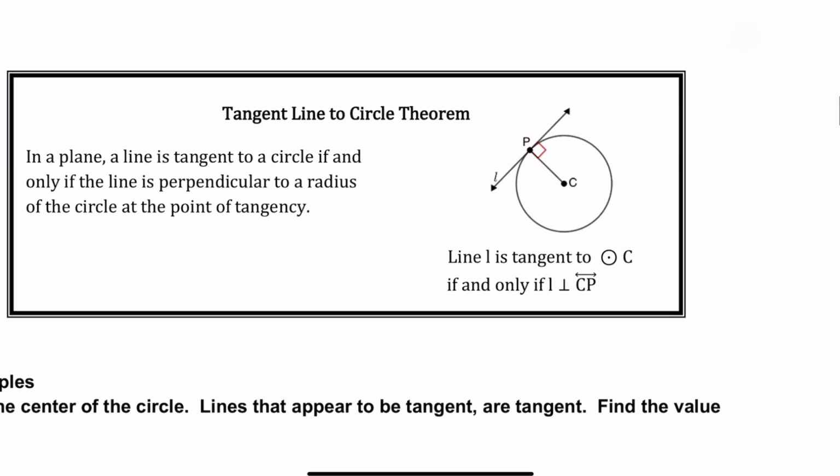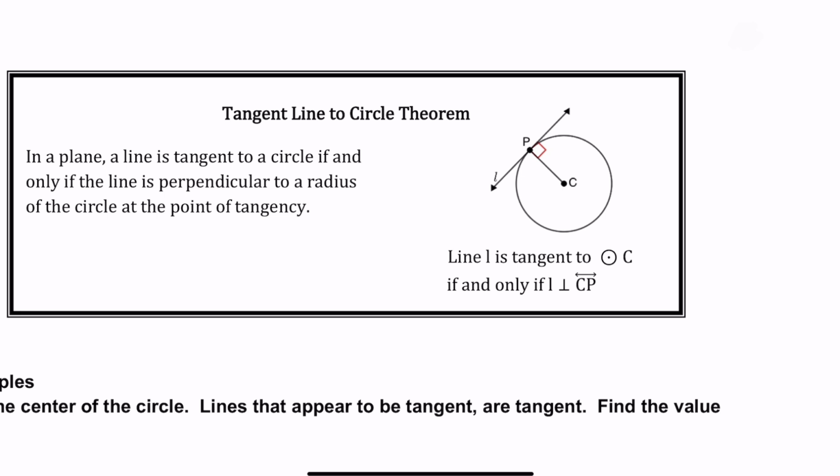Okay, now the tangent line to circle theorem. In a plane, a line is tangent to a circle if and only if the line is perpendicular to a radius of the circle at the point of tangency.